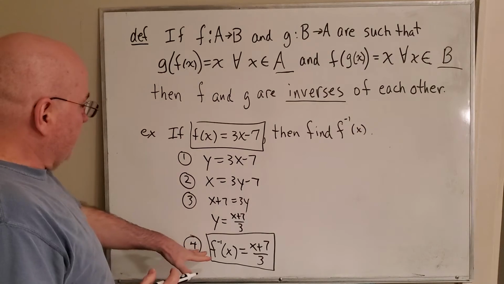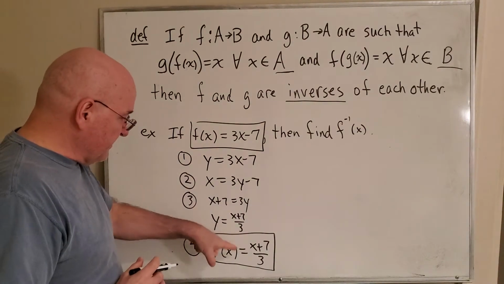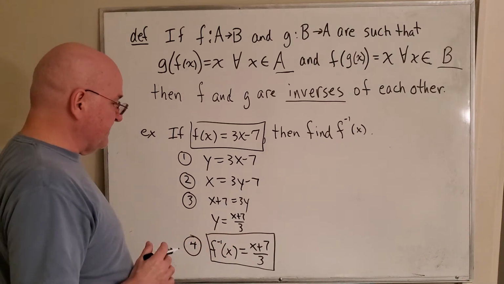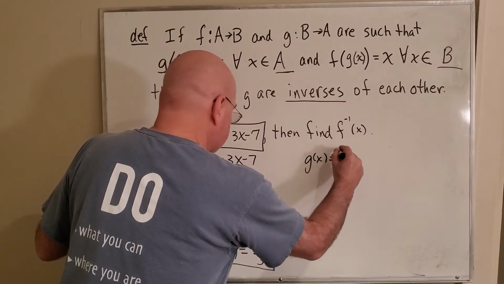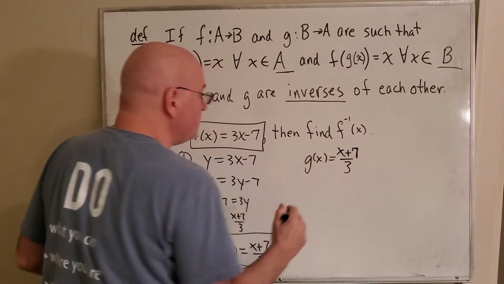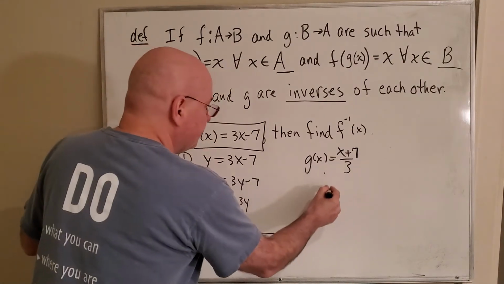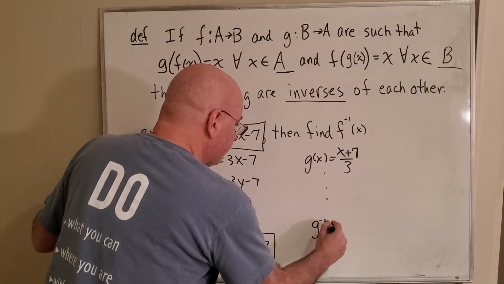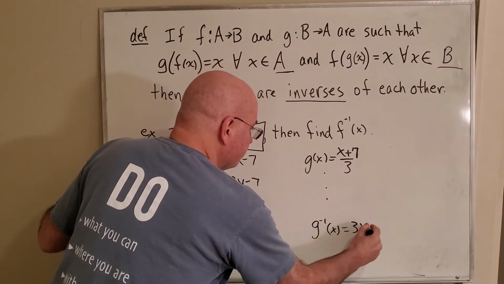So it would be good practice to do this. Again, only start with this function. If I said find the inverse of g of x equals x plus 7 over 3, what do you think you're going to come up with? Well, repeat this process. You're going to get g inverse of x is equal to 3x minus 7.